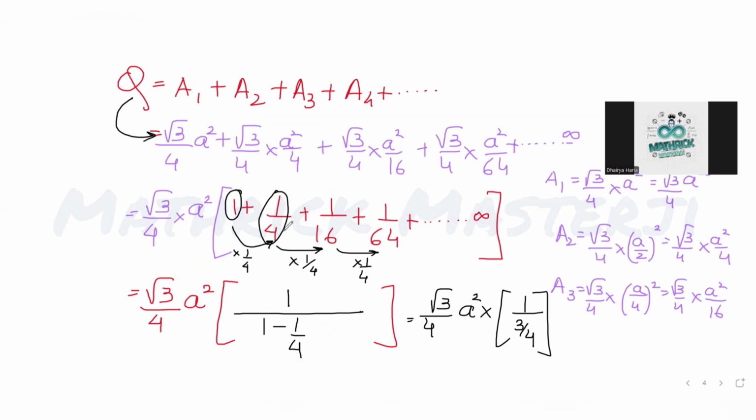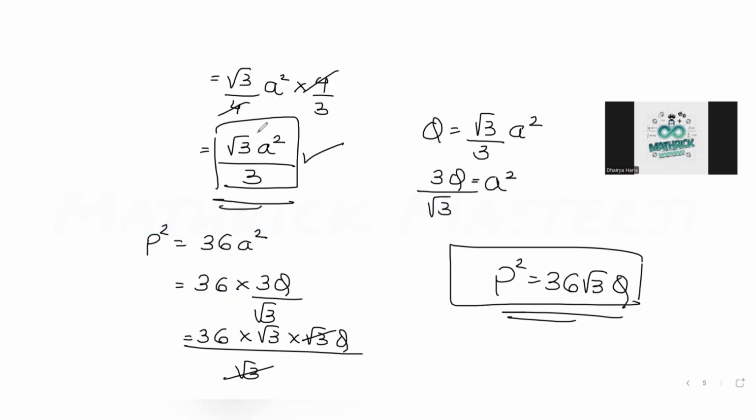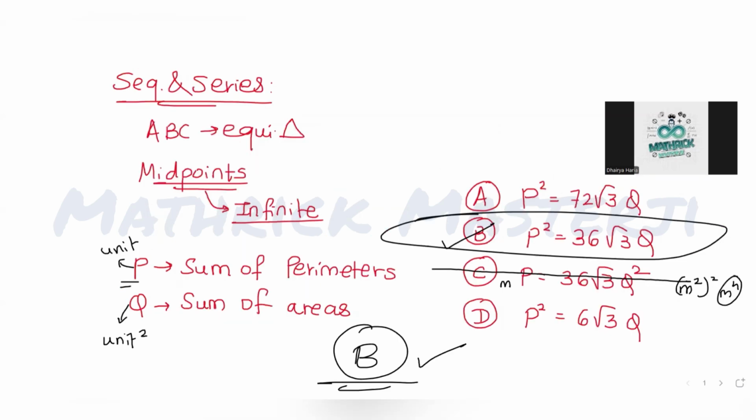Again, it had a geometric progression inside the bracket with uncommon terms, so I again applied the sum of infinite terms, and that led me to Q becoming root 3 over 3 a square. Then I found the relation between P square and Q, and that matches answer choice B. So B becomes the correct answer here.